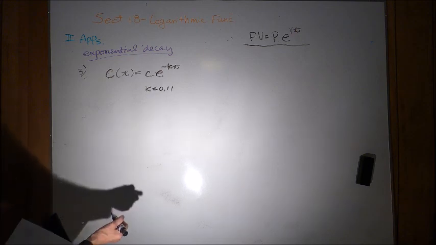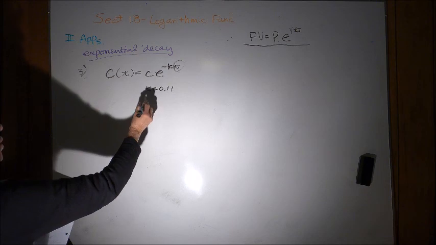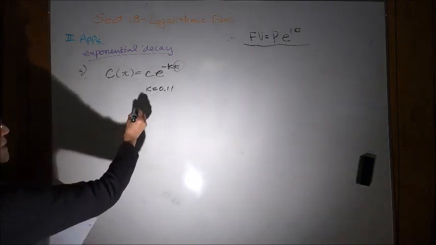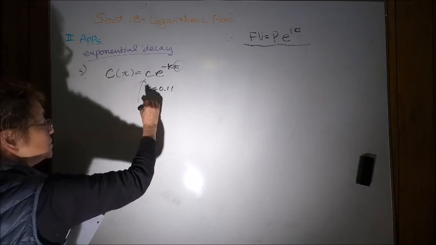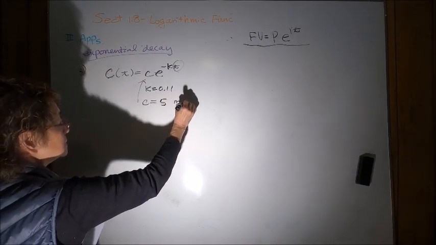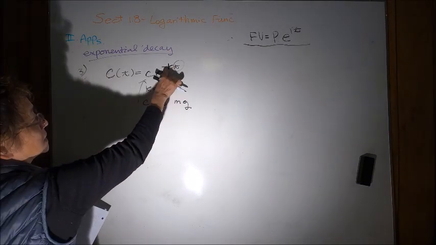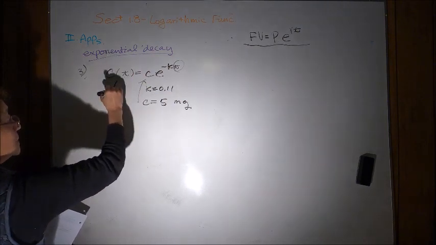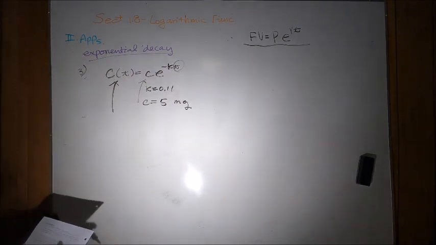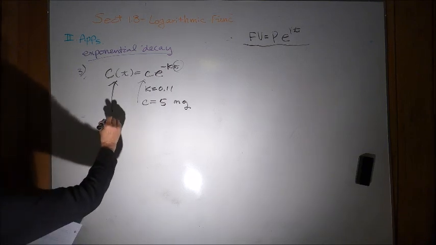So after a certain number of hours, that's your variable. The decay rate is 0.11. Then what is your C? That will be your initial dosage, 5 milligrams. Then after certain hours, it depleted and becomes the leftover dosage in the body, which is 2.